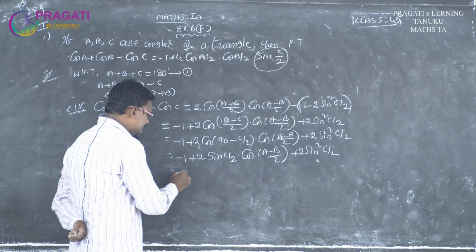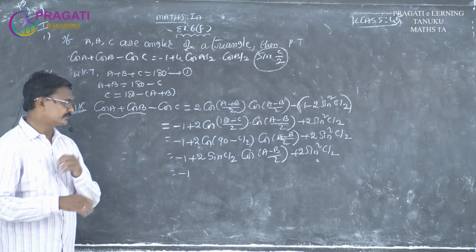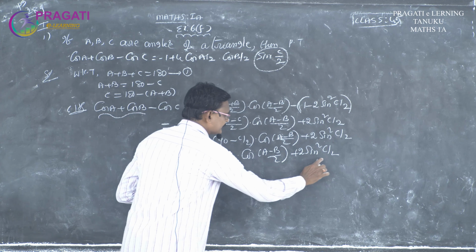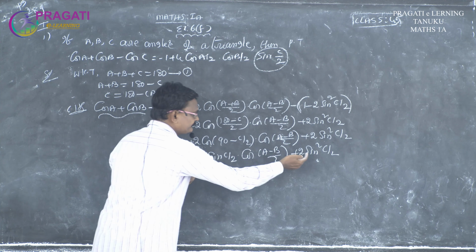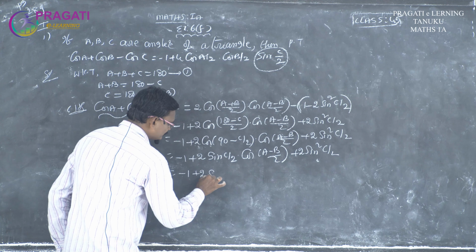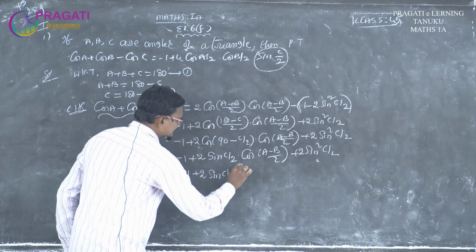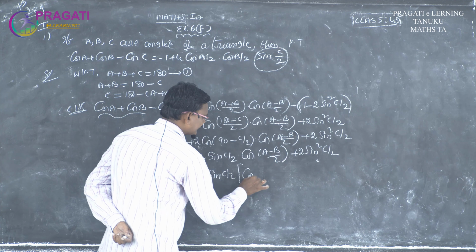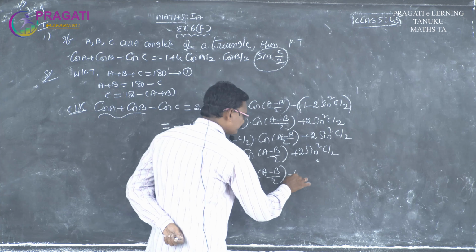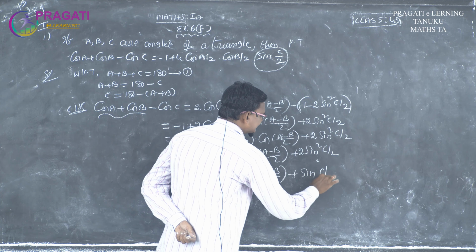As per the process, the next part is the common factor. Which is the common factor here? You can observe 2 and also sin C by 2. So plus 2 sin C by 2 is a common factor. Then cos of A minus B by 2 plus sin C by 2 after taking common.